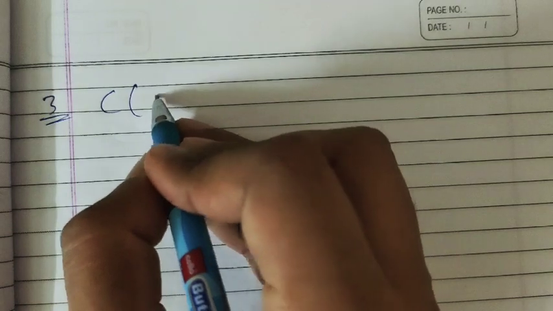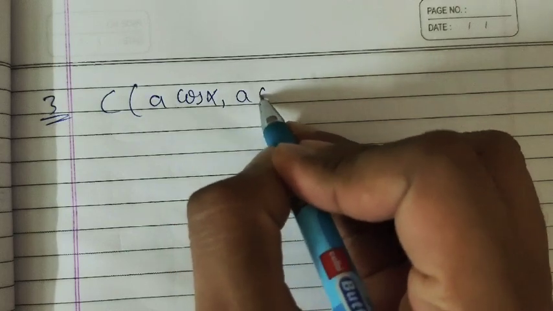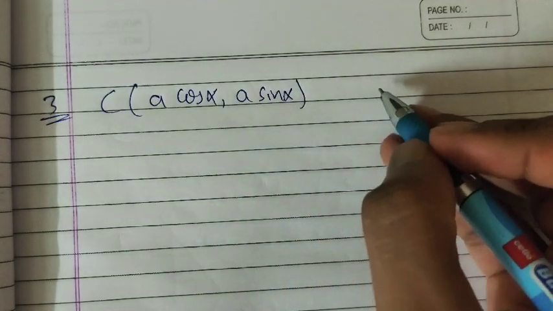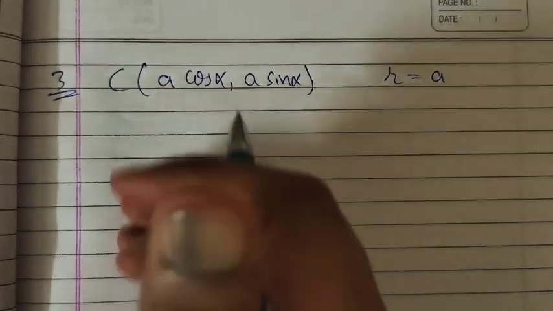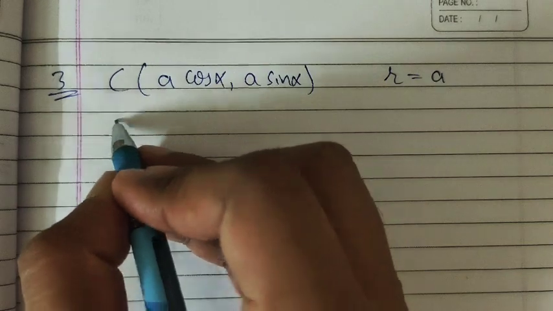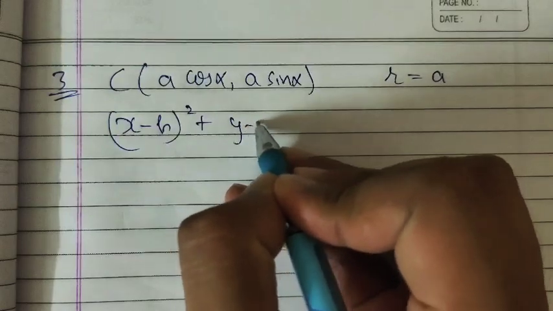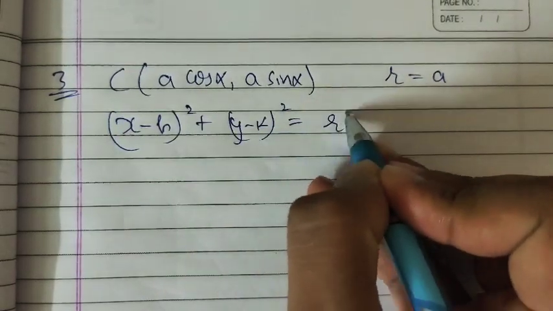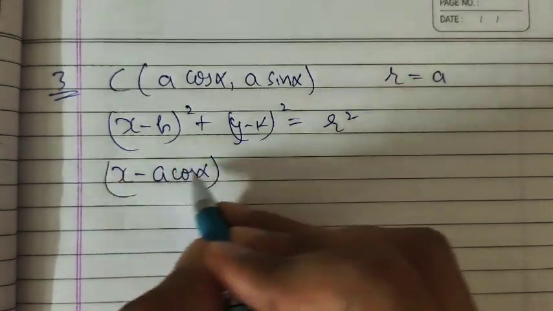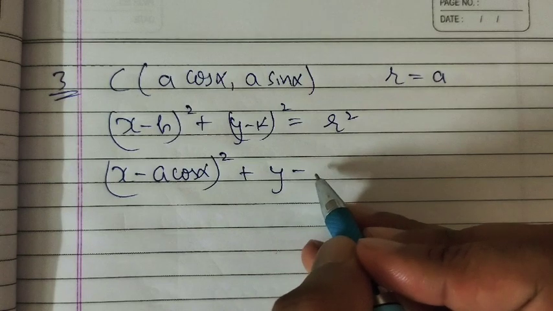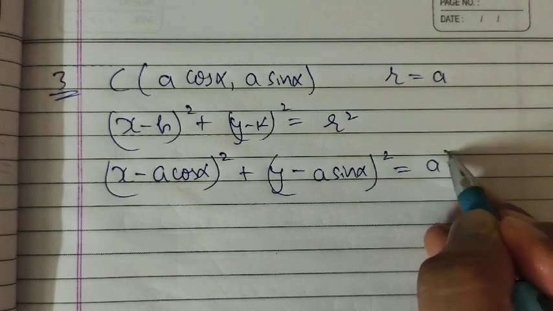So question number third, the center is a cos alpha, a sin alpha and the radius is equal to a. Now the center is given, the radius is given. The equation of a circle is x minus h whole square plus y minus k whole square is equal to r square. So x minus a cos alpha whole square plus y minus a sin alpha whole square is equal to a square.